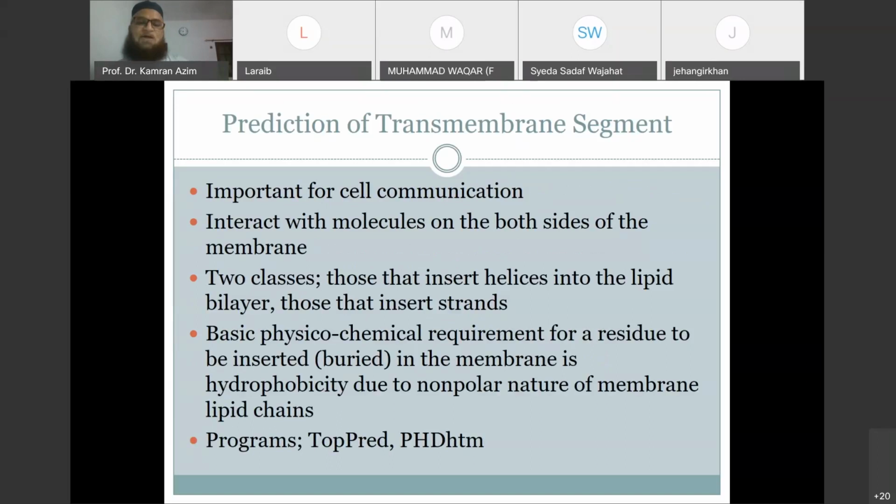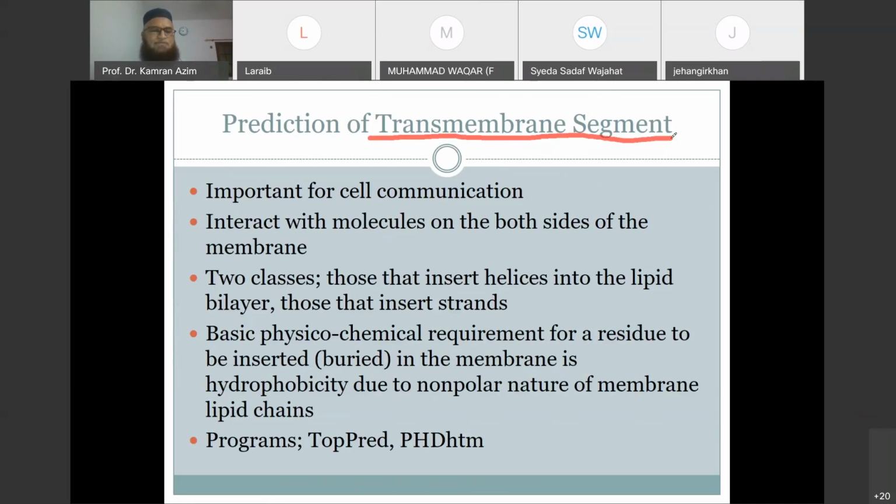There is another aspect of protein which needs our attention, and this aspect is called the transmembrane segment, or transmembrane protein. Membrane proteins are very important in nature. They are involved in cellular interaction.